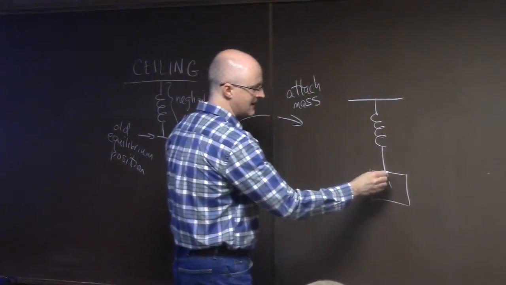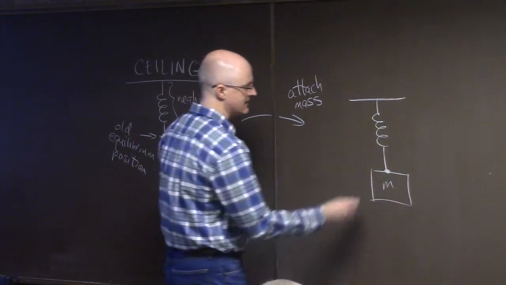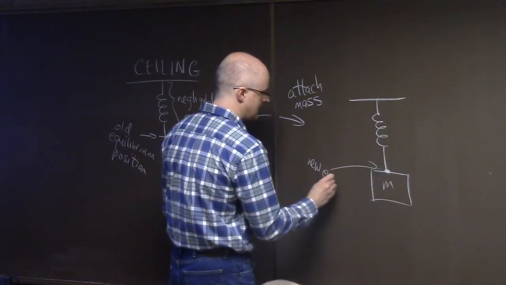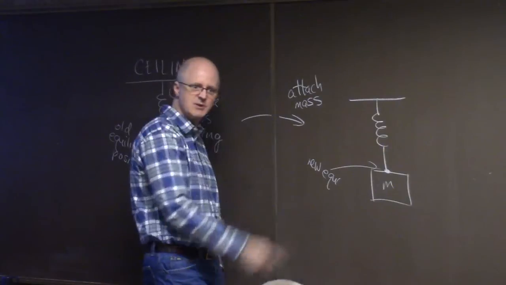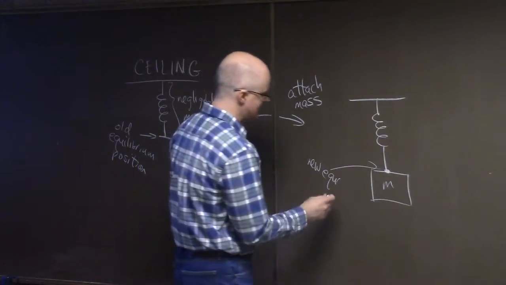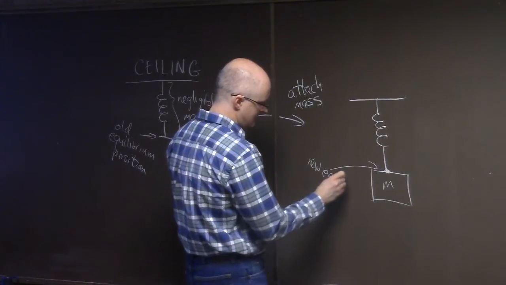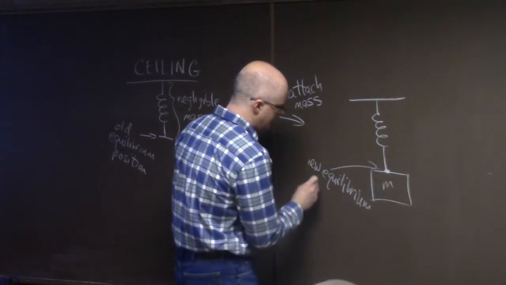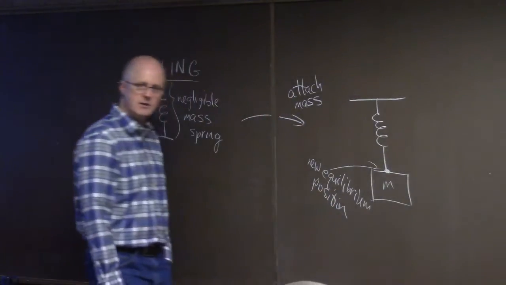I'm sort of focused on the location of the connection between the mass and the end of the spring. There's the new equilibrium position. I suppose you could focus on the center of mass if the spring truly is negligible in mass. But let's not worry about it. New equilibrium position. That's a certain distance down from the old equilibrium position.